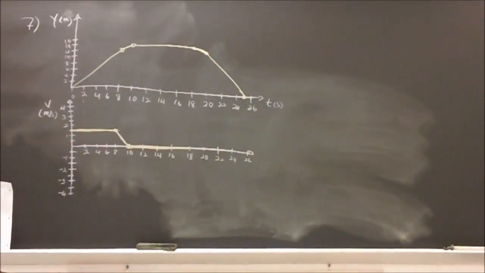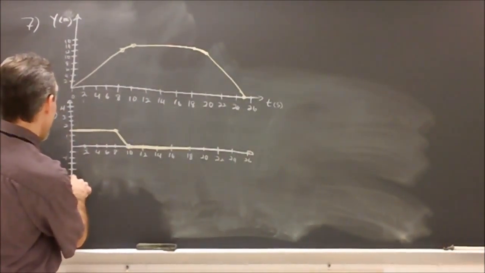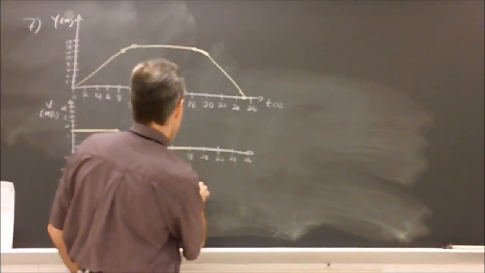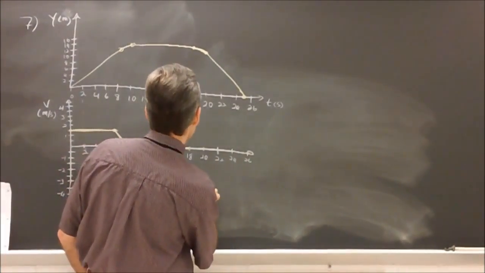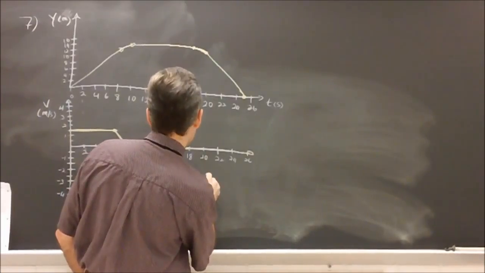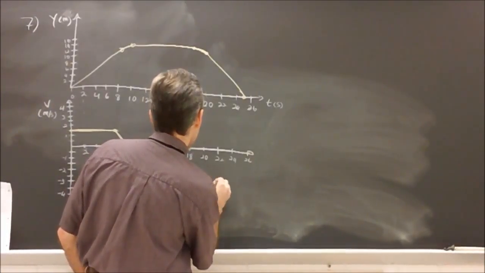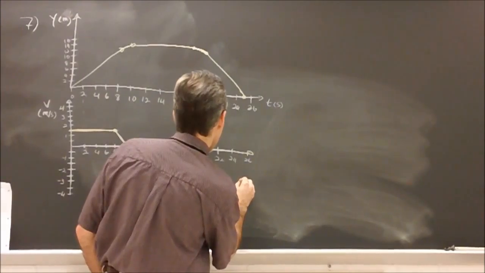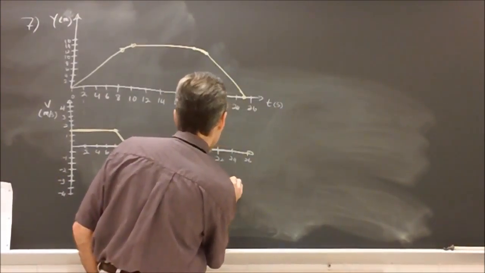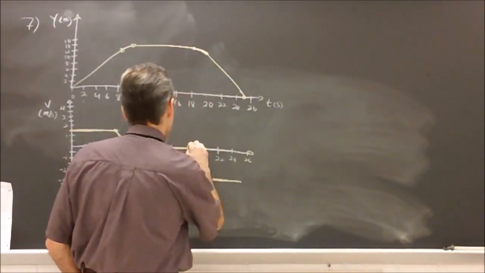Negative 2.4 would be right about here. That's at 20 seconds. That's all the way to 25. So that's the constant. And then I have to connect these two.